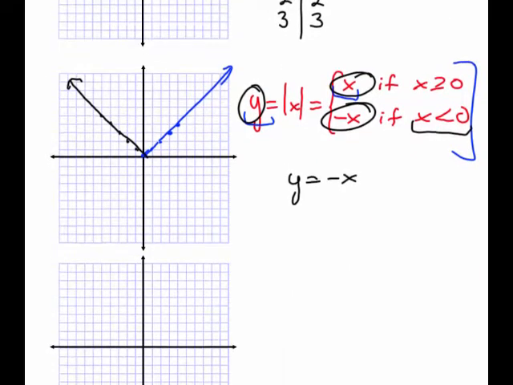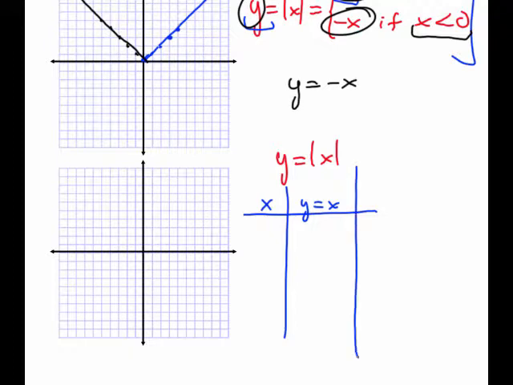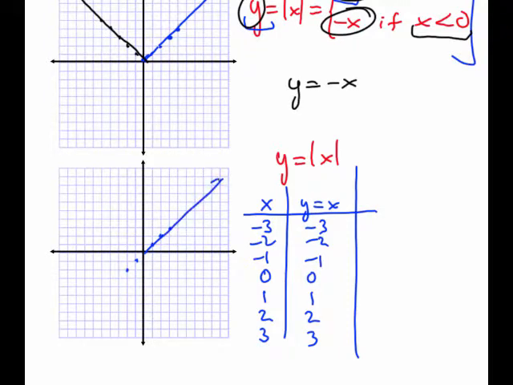All right, now I'm going to look at a third interpretation of y equals absolute value x. And I'm going to look at it, first of all, in terms of y equals x without the absolute value. And we know that if we took the values of x that we had above, the x and the y are the same. And so if I graph those points, I get this line.